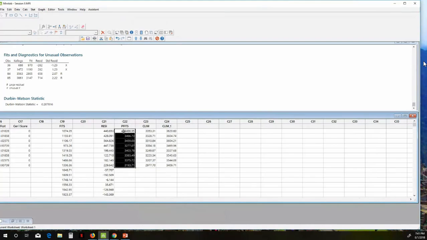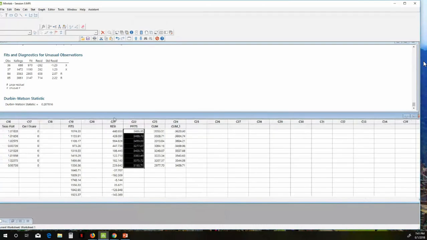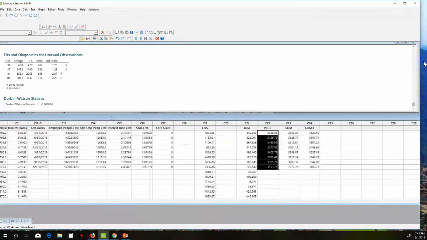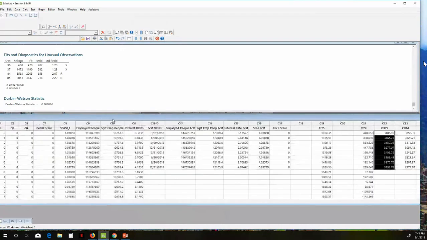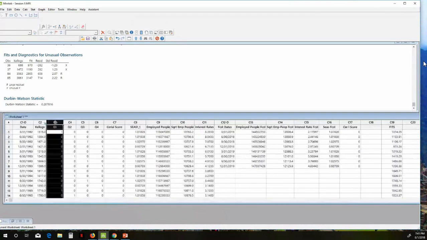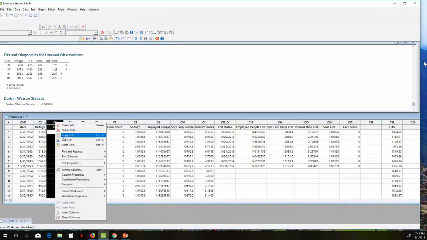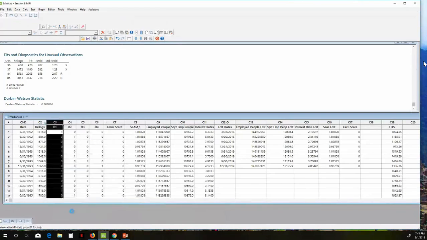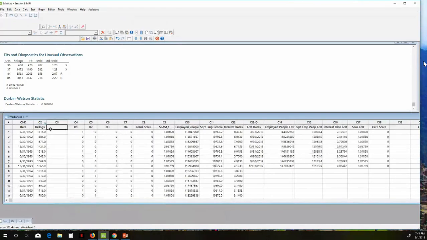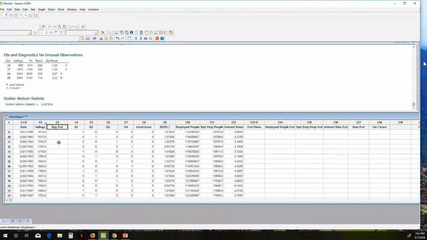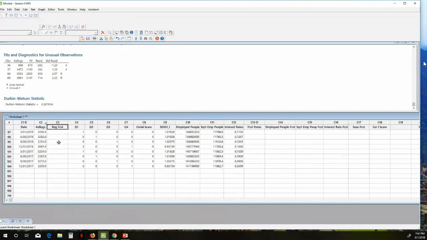Right now I'm going to Control-C copy that, and I'm going to insert a column right next to the Kellogg's and call this regression forecast, REGFCST. And I'm going to paste, Control-V, those forecast values right after the end of the actual Kellogg's revenue. Here it goes.